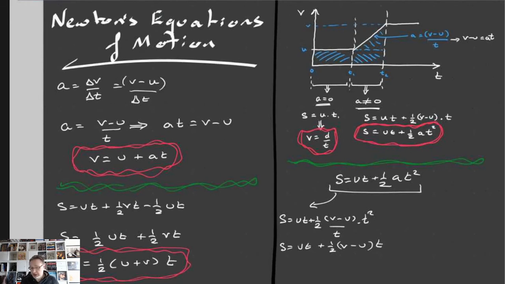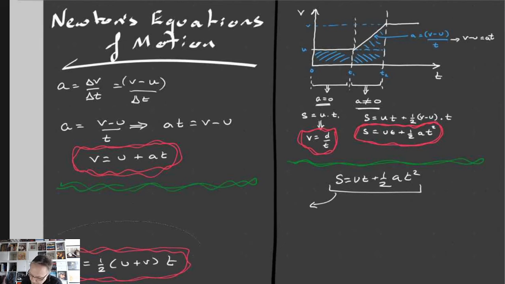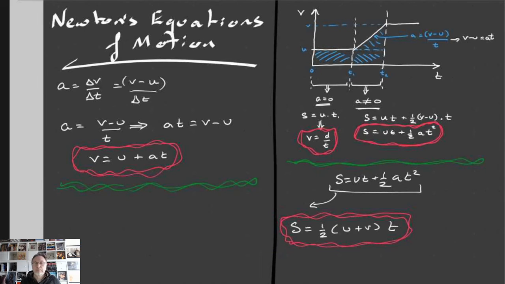That is considered another one of the equations of motion. But we can do something else with s is ut plus a half at squared. We can basically combine it with v is u plus at. So let's do that on the next page.